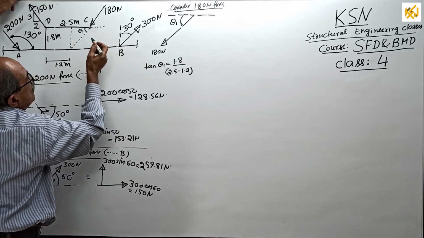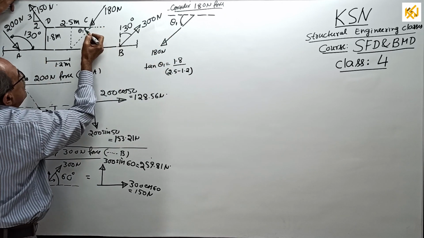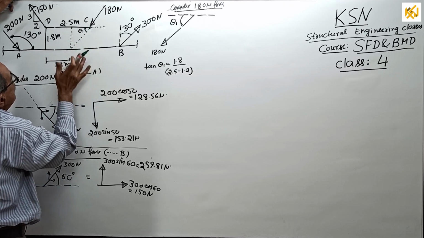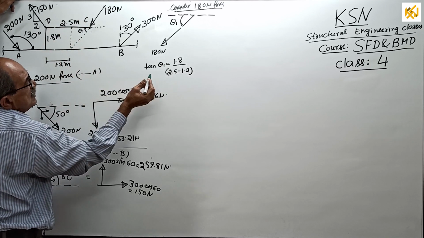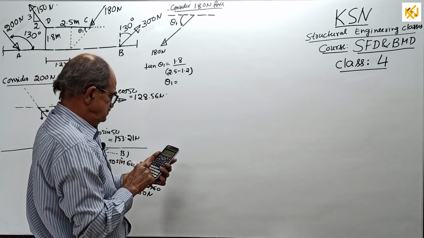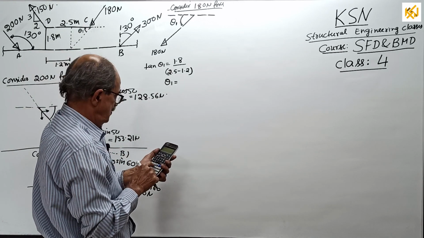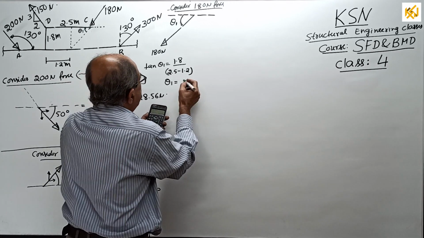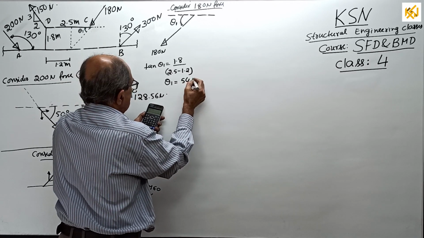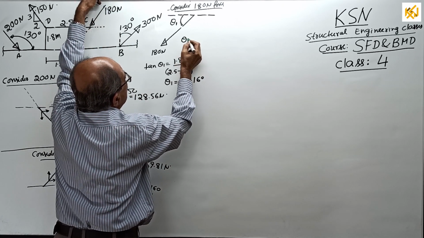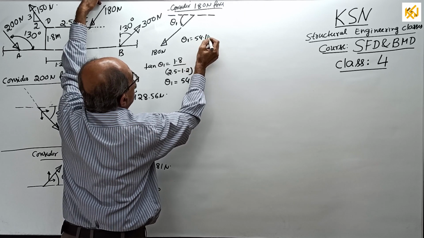So you can make out here, this angle theta 1 is tan inverse of 1.8 by this distance, 2.5 minus 1.2. Therefore, you get the value of theta 1. Theta 1 will come 54.16 degrees. So I write here theta 1 equal to 54.16 degrees.